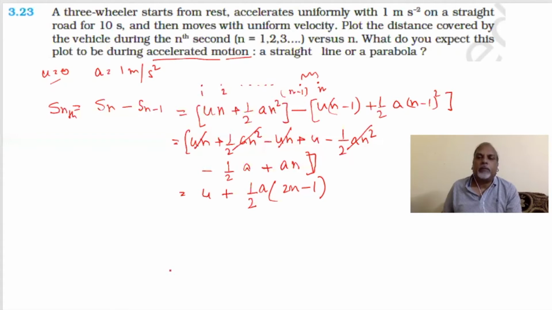Correct? Now, this is the distance covered in the nth second. Here u is 0 and a is 1, then if you put 0 and 1, it will be nothing but n minus 1 by 2.